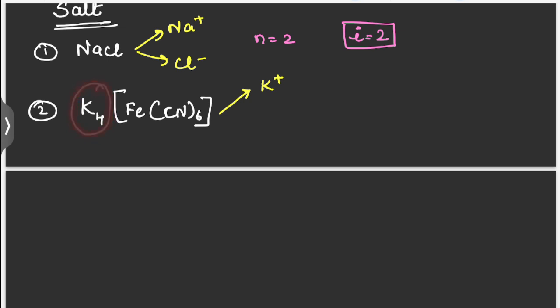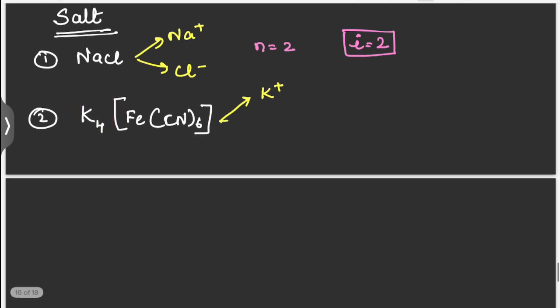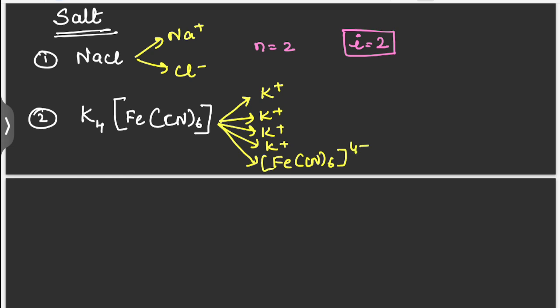How many K do you have? You have 4 K, therefore you will be getting 4 K plus ions, and then you will be getting [Fe(CN)6] 4 minus. So this is how it is going to break in water.